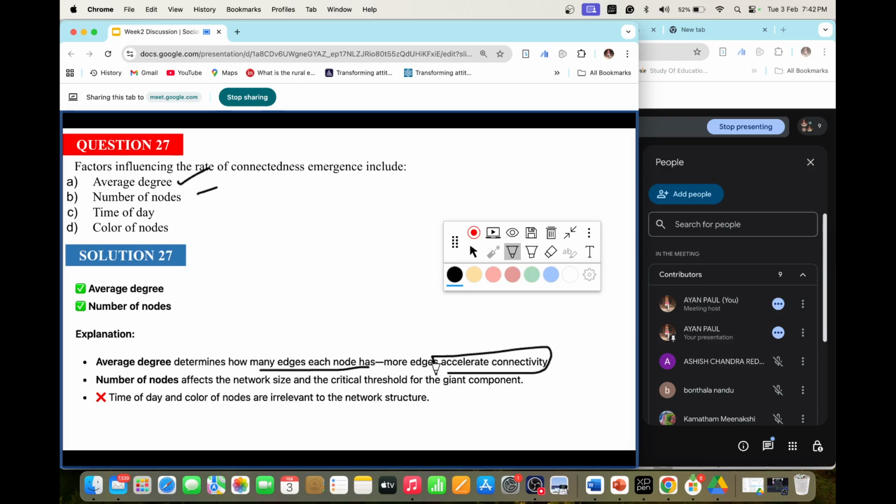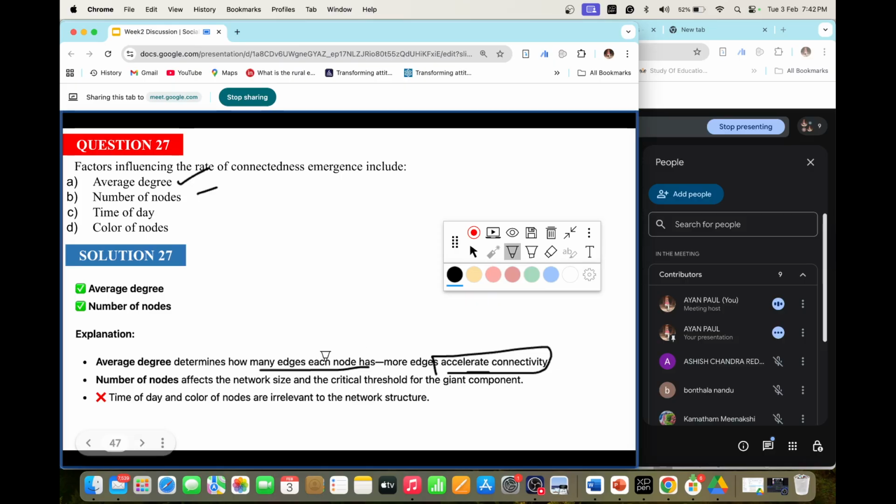So there are two things, right? N is the number of nodes and P is the probability of linking. If we have many nodes with many edges, that increases the average degree. It determines how many edges nodes have. More edges accelerate connectivity.